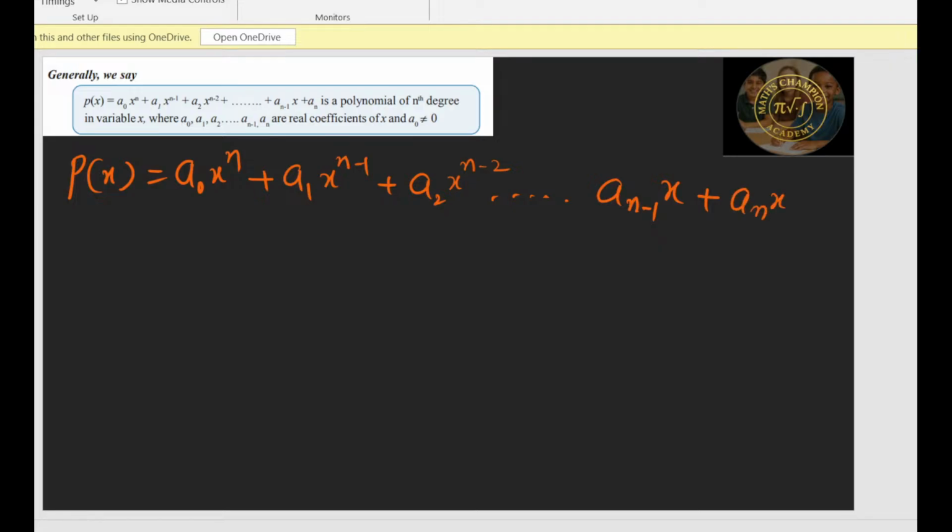Here, if nothing is there, you have to take x power 0. So this polynomial we call an nth degree polynomial.